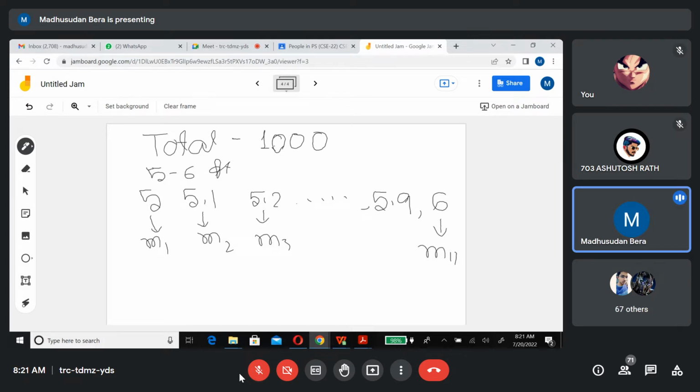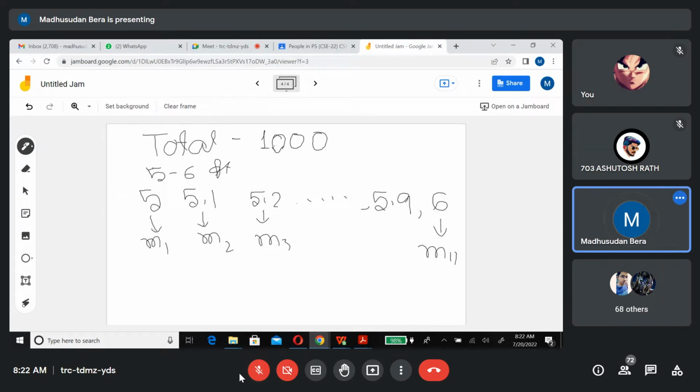If we do not arrange them, finding things is difficult. Suppose we want the average height. Then we have to add all 1,000 students' heights and divide by 1,000.